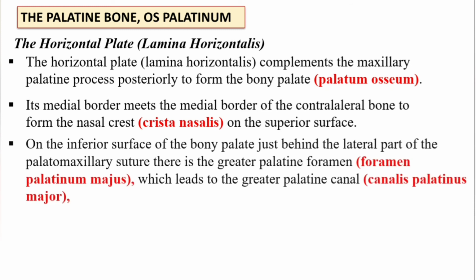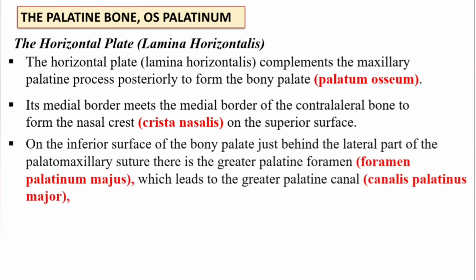On the inferior surface of the bony palate, just behind the lateral part of the palatomaxillary suture, there is a greater palatine foramen, foramen palatinum majus, which leads to the greater palatine canal, canalis palatinus major. I told you about this.